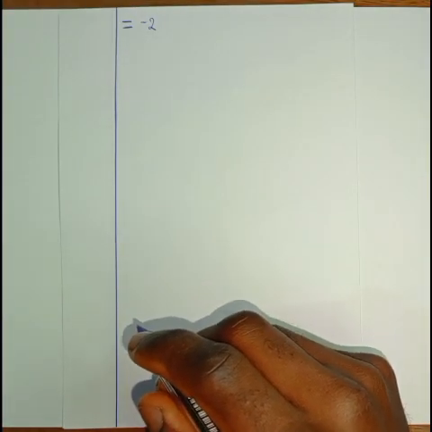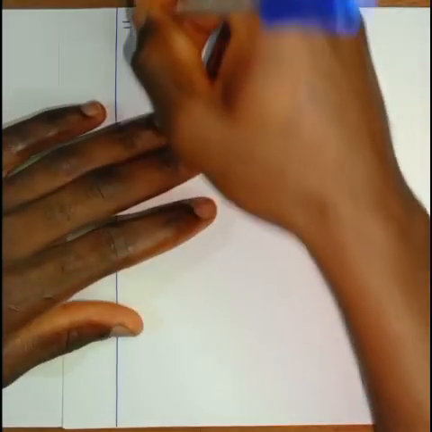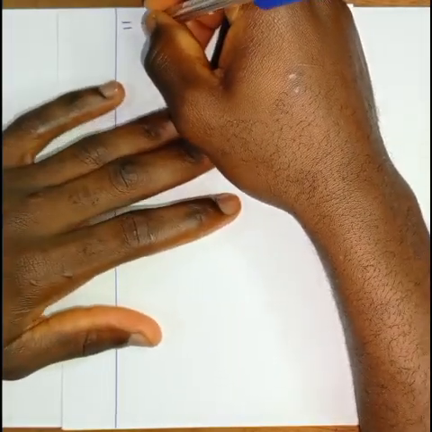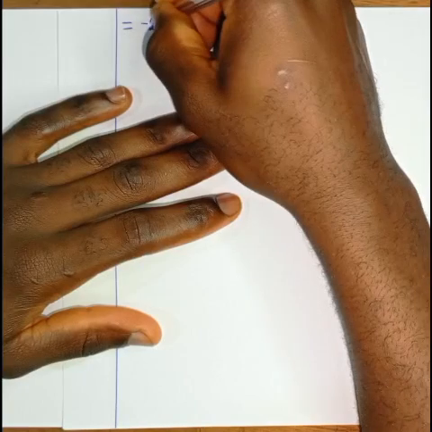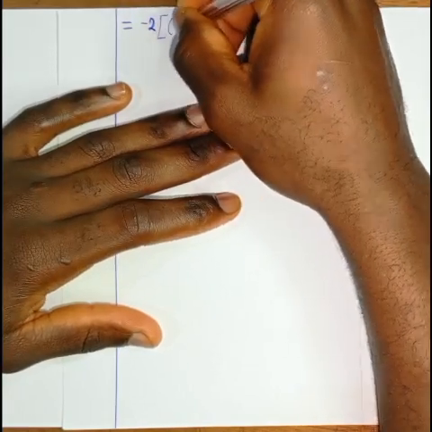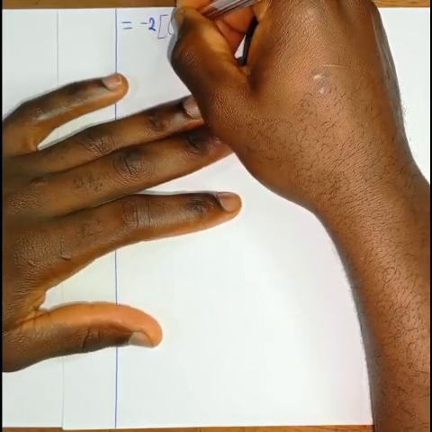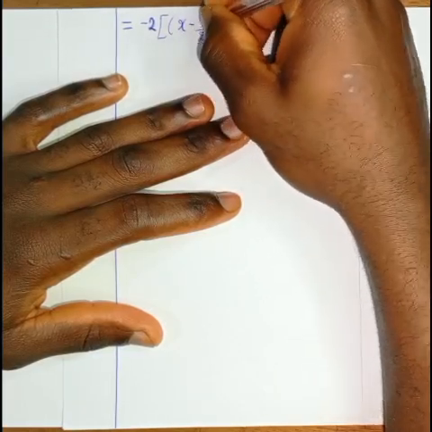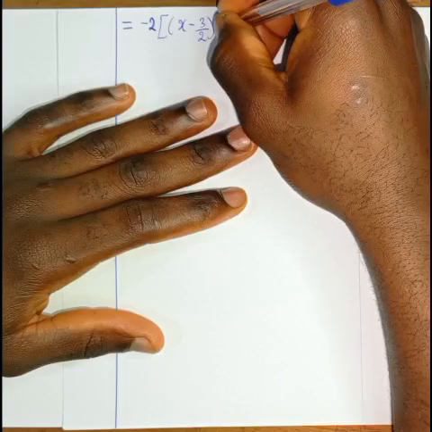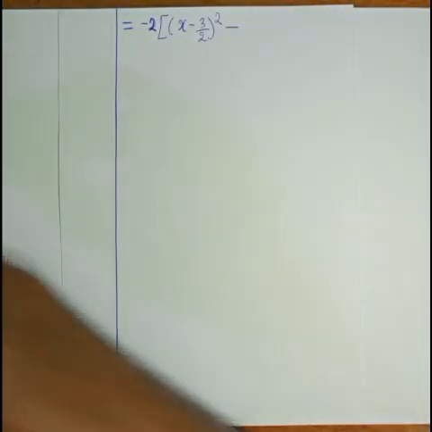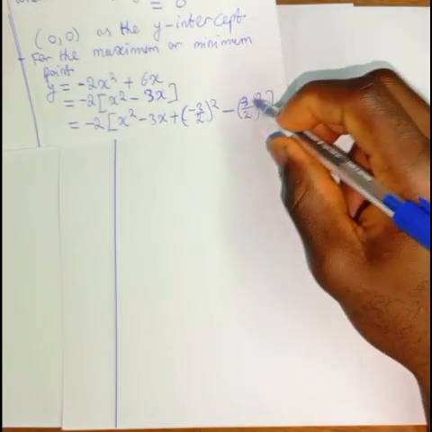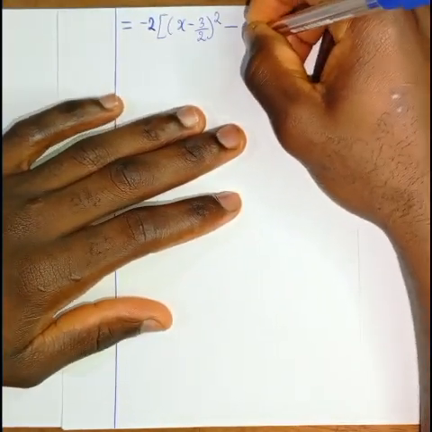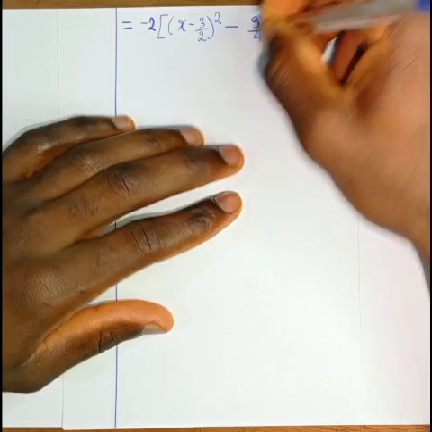The factorization will simply be negative 2 in our bracket times x plus negative 3 over 2, which is the same as x minus 3 over 2, all this squared minus, now we are here, negative 3 squared gives us 9, over 2 squared gives us 4, we close the bracket.